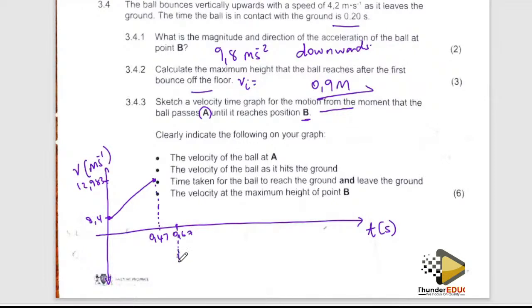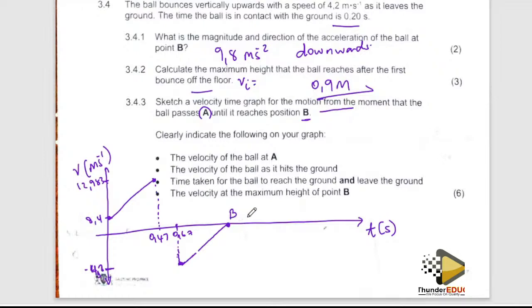The body had negative 4.2 meters per second. And then it went on and reached point B, where the velocity was 0. So that is our point B.